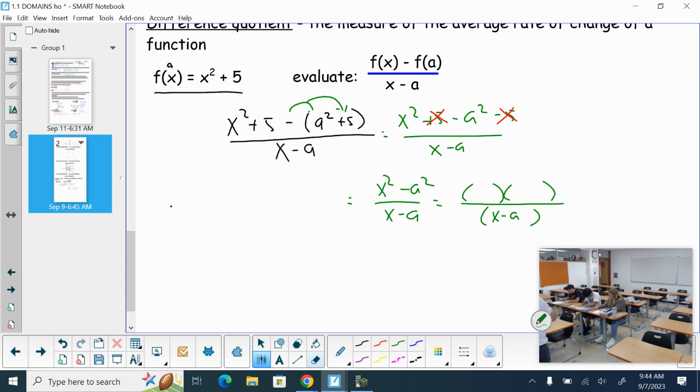Difference of perfect squares, so two factors. Very quick, what are the two factors? x plus a, x minus a.